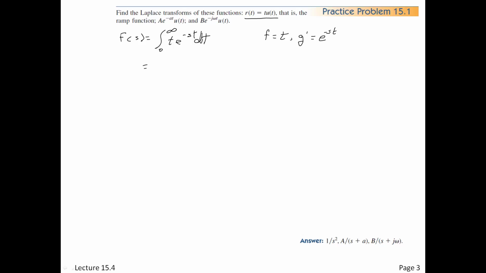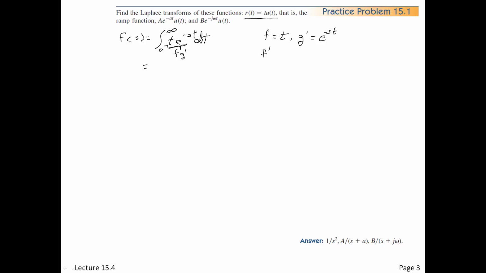Okay, now I'm looking downstream a little bit because these are the two parts right here. This product is what sits under here, right? This is f g prime. So what does this give me?